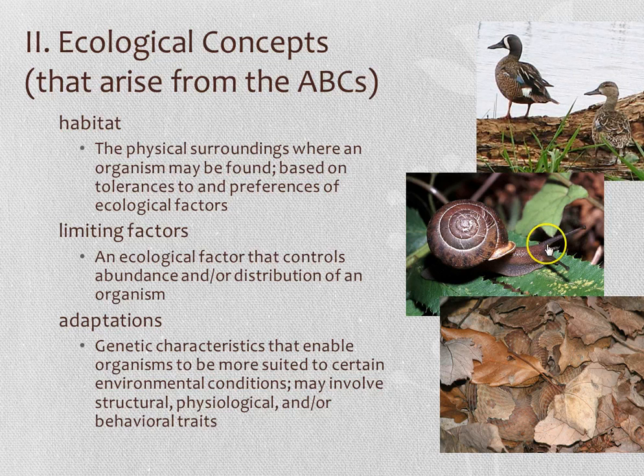Calcium can sometimes be limiting for snails because they have to have calcium for shell production, and calcium is not super abundant across the landscape. It's patchy, and that can influence the distribution and abundances of land snails.